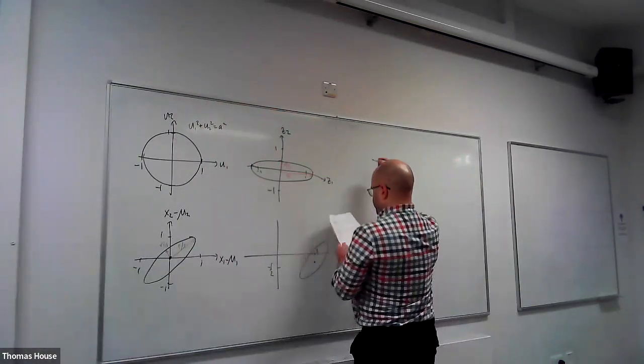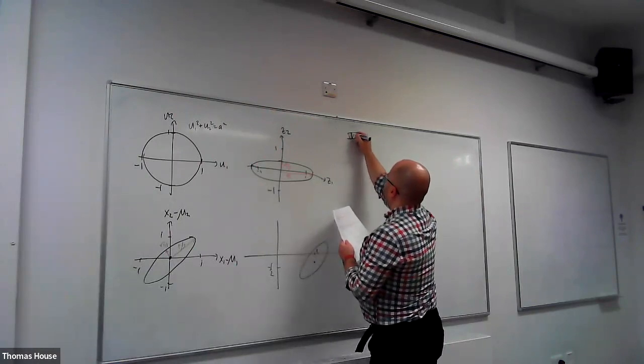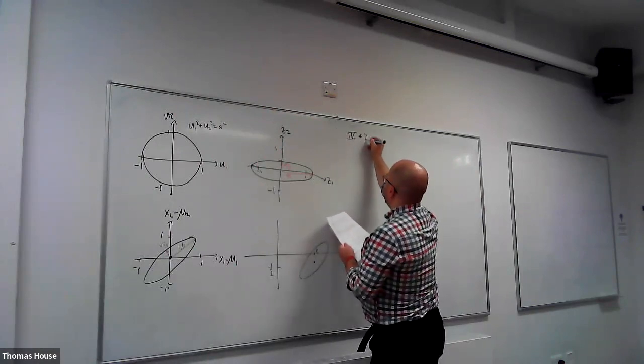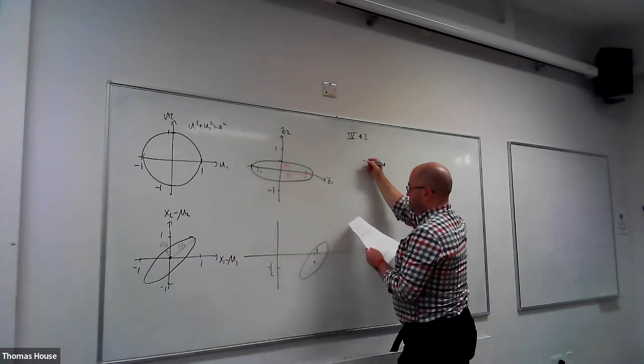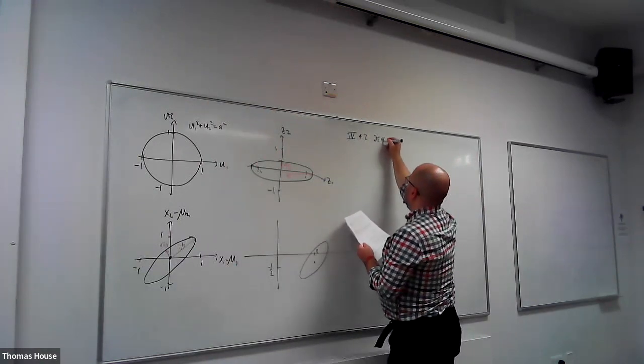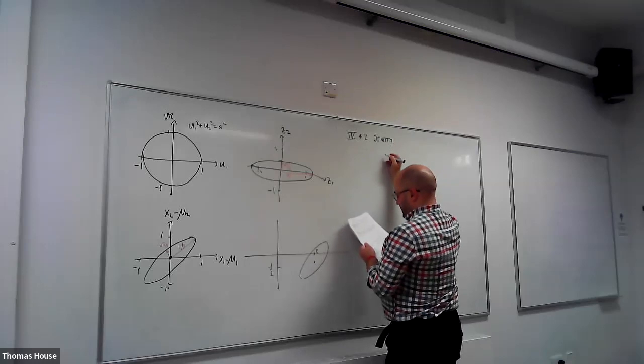So now let's try and say something about where the points actually are within that geometry. So you've got these contours. What do they mean? How are the points actually laid out?